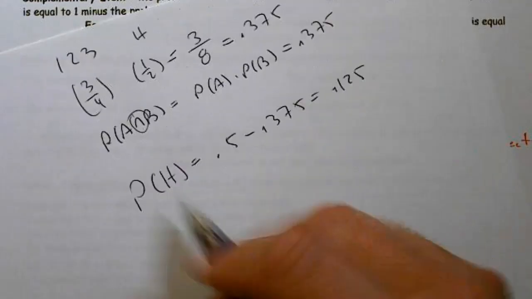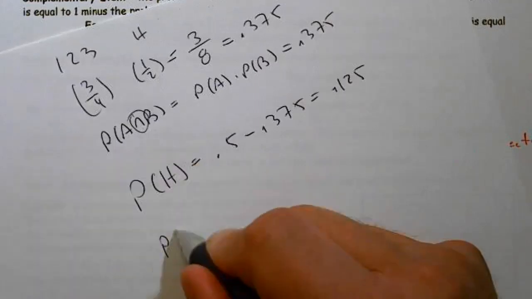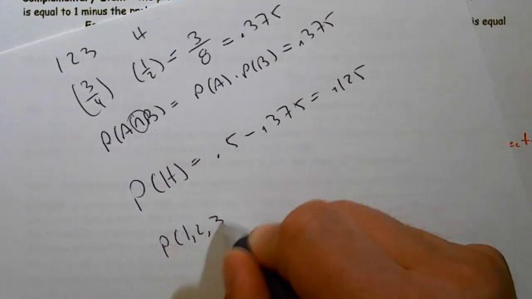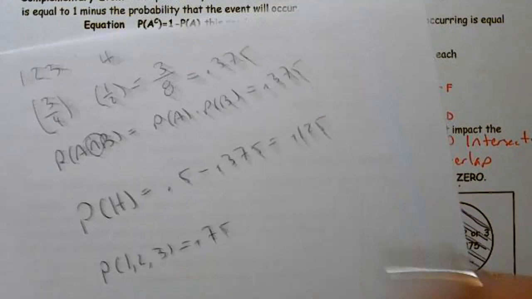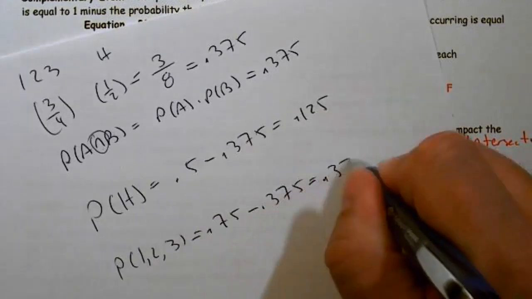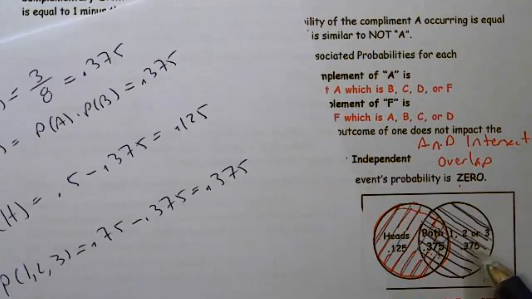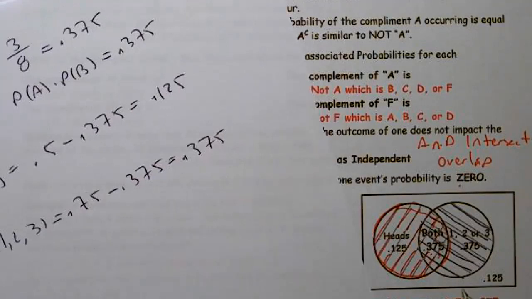The probability of a 1, 2, or 3 was 3/4. So the probability of a 1, 2, or 3 equals 0.75 minus that overlap equals 0.375, which is this part. Now let's take a moment and add all this up together.